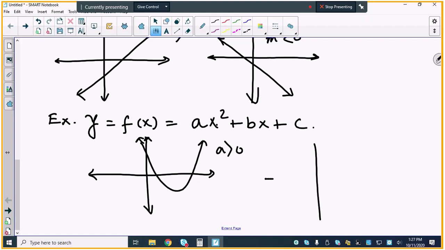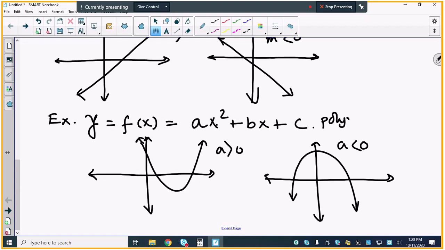We can also expect a polynomial function of degree 2 where the graph is opening down, with the leading coefficient a being less than 0. So these are polynomial functions of degree 2.